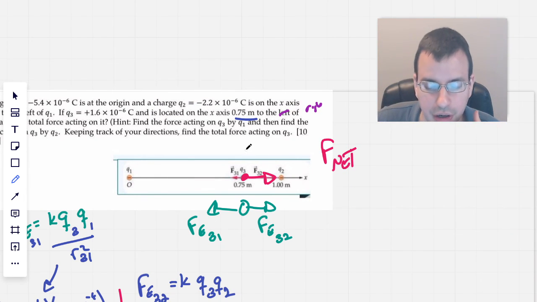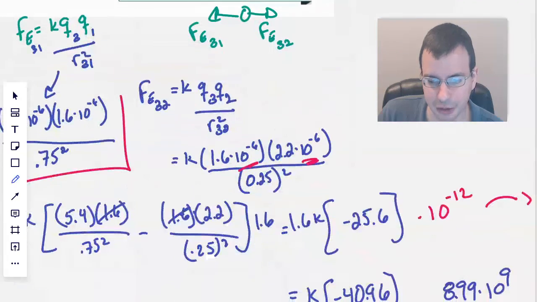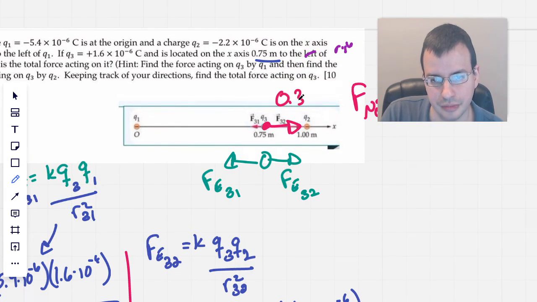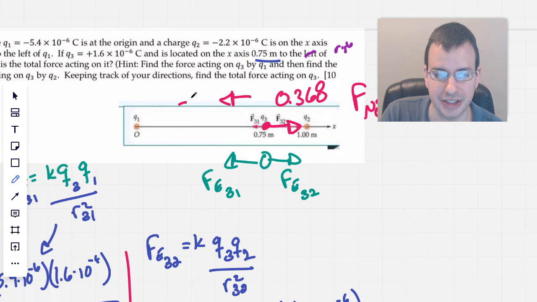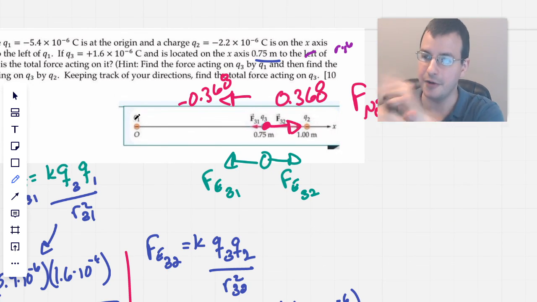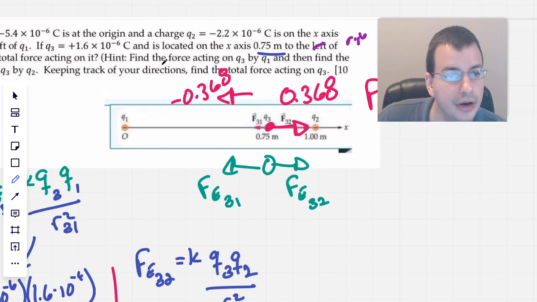You can choose either one, as long as you understand what you're doing. Keep it consistent. So the net force will be to the right of 0.368, which you could call the same as the force in this direction, but it's negative 0.368. Same concept, same idea, because a negative vector is just flipped 180 degrees. And this is actually a vector.